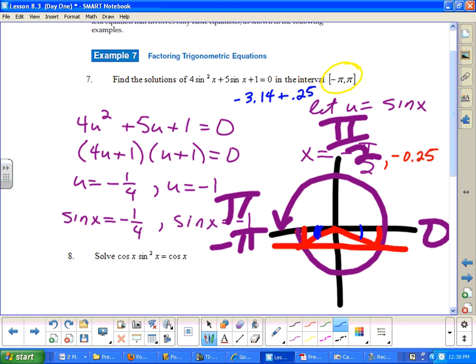If I took away 0.1, it would be 3.04, and then 2.94, and then 2.89.